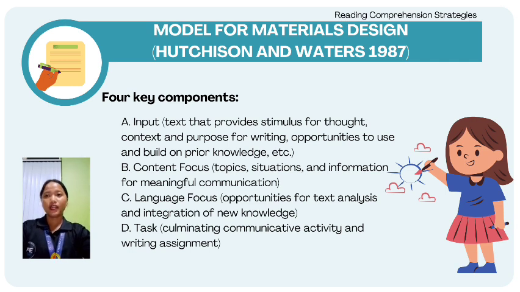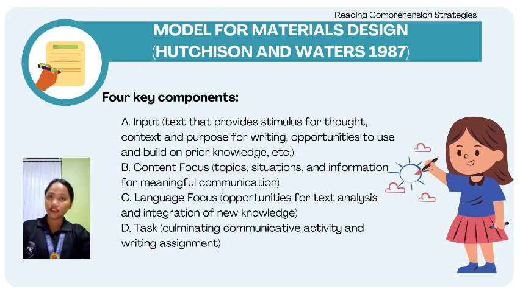When designing writing materials, Hutchinson and Waters in 1987 proposed a model that includes 4 key components: input, content focus, language focus, and task. So input refers to the text or material that serve as a stimulus for writing. It provides context, purpose, and opportunities to activate prior knowledge.